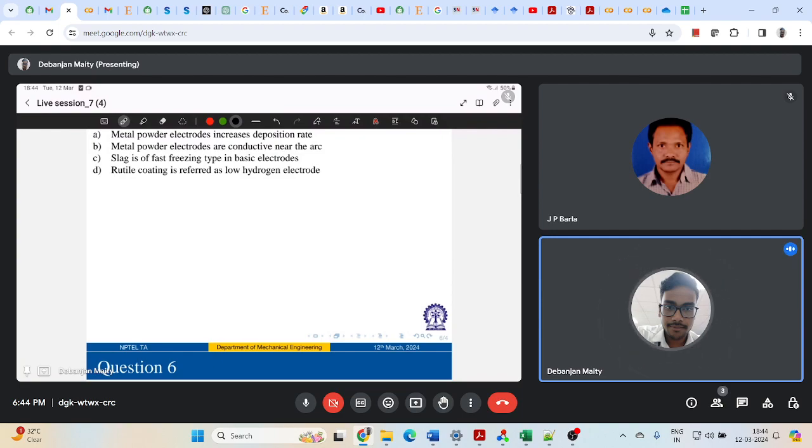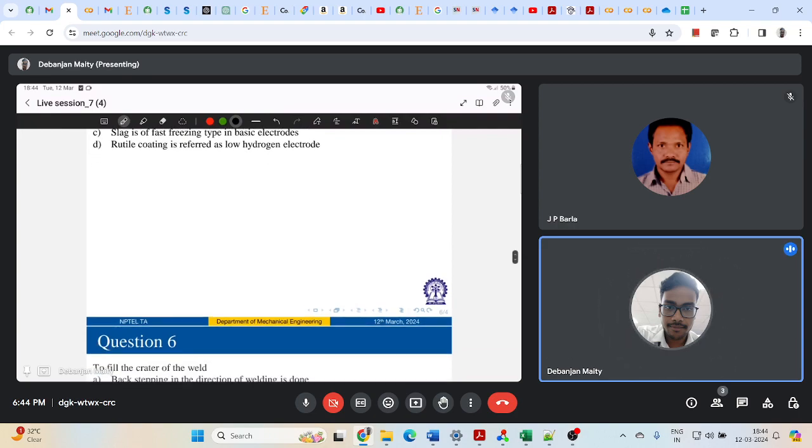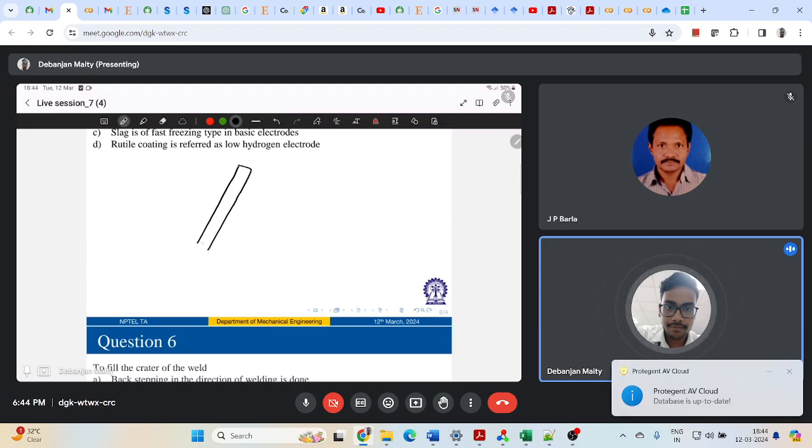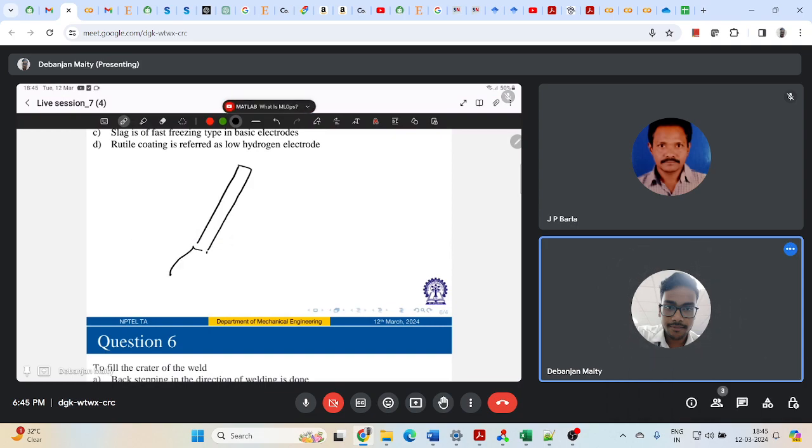So, let me draw some schematic first. Let's say this is my electrode. It looks something like this, and these are my flux covering at those two ends.